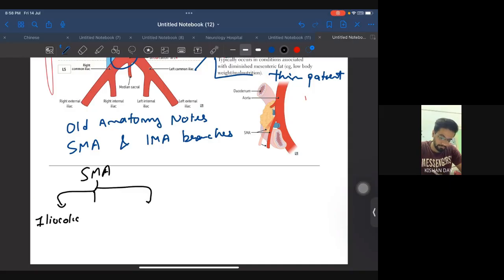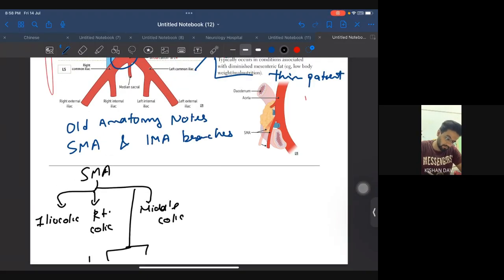Ileocolic, right colic, middle colic, and here is ileal and jejunal.